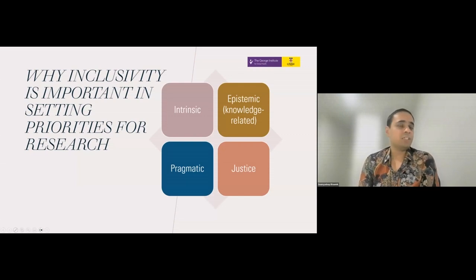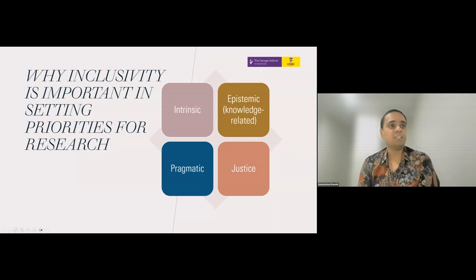So there are four reasons. One is intrinsic. It's important because human beings have the right to be involved in anything which involves their lives. So that's a very intrinsic reason on why it should be happening. But there are also pragmatic reasons.